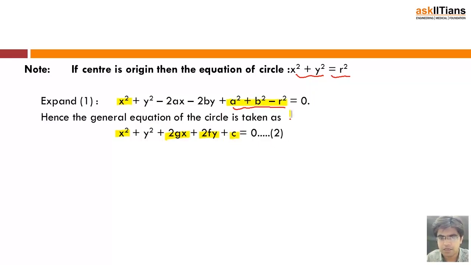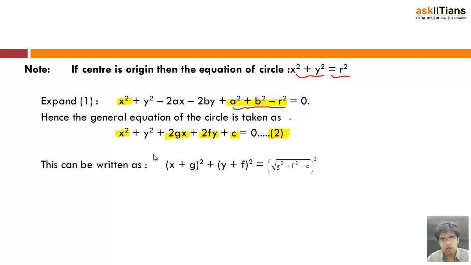That means c is the collective constant term. This is the most general equation of a circle. You can take any equation of a circle and you can represent it in this form, or either the first form.